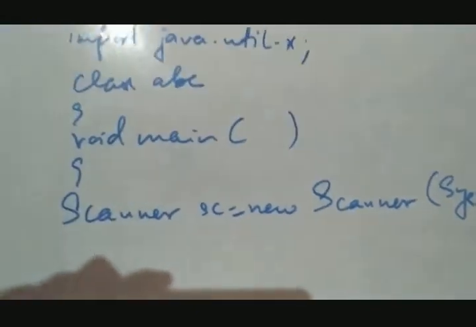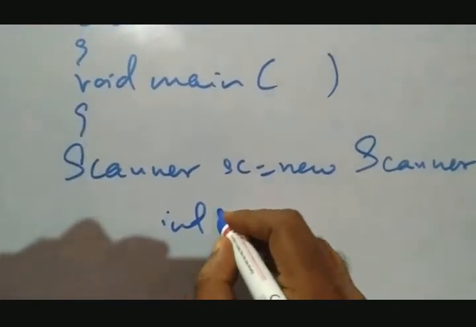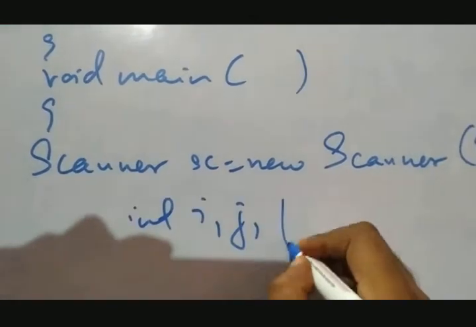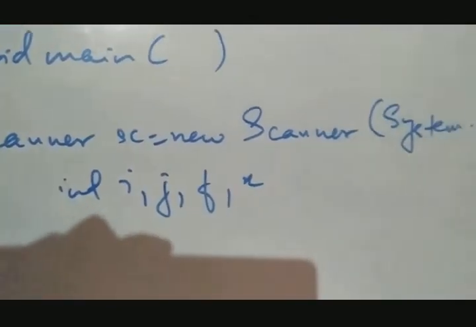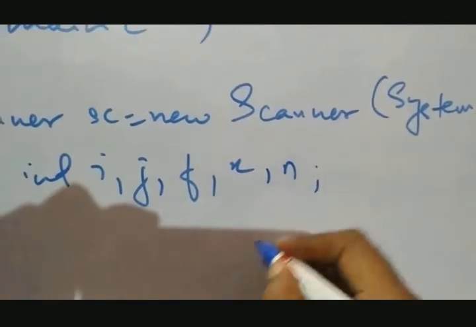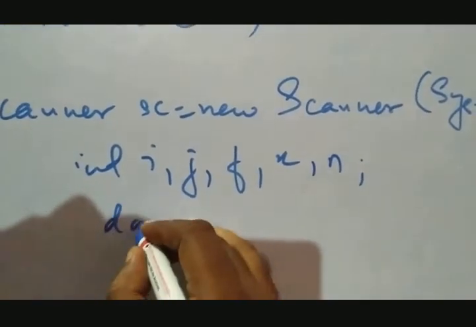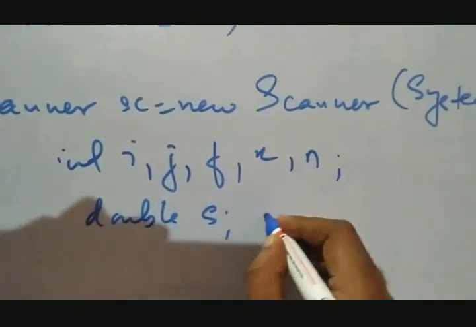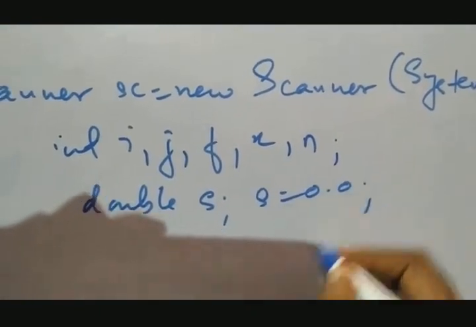So what do you require now? We require an int i, we require j, we require f, we require x and n for the n terms. Alright, so here we require a double s equals 0.0.